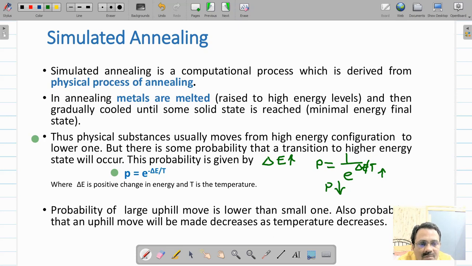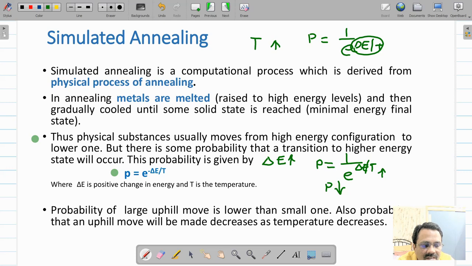If you increase the temperature, what will happen? This is the situation when your delta E is high. Another variation of this: if T is high, temperature is high, then what will happen? Now come to the equation of probability, 1 upon e raised to delta E by T. If T is high, this term will have lesser value.